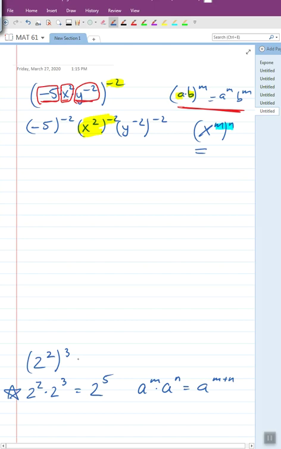Okay, but when you do this one, this is 2 squared times itself, or there are 3 of them, right? And that last one should also be a 2. How many 2's overall do you have there?